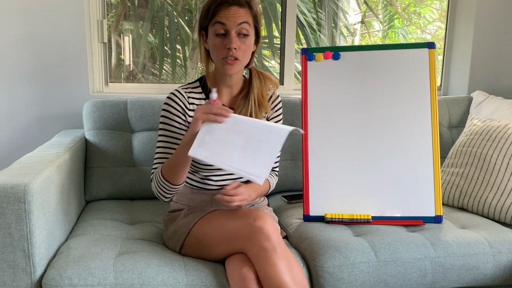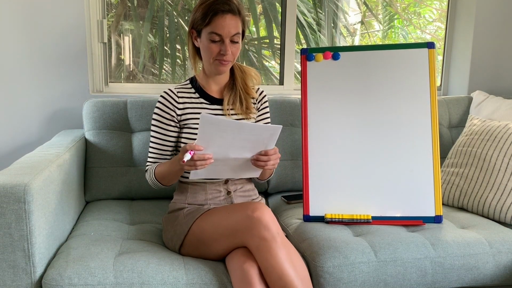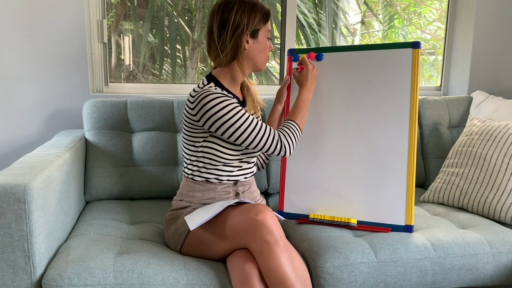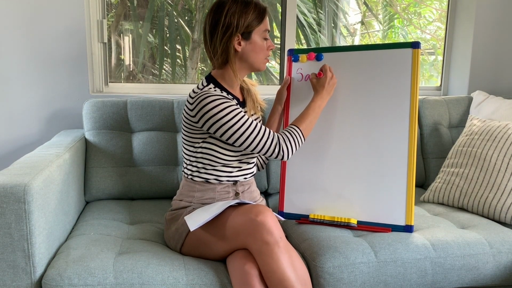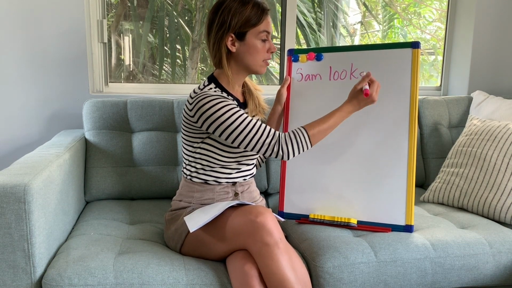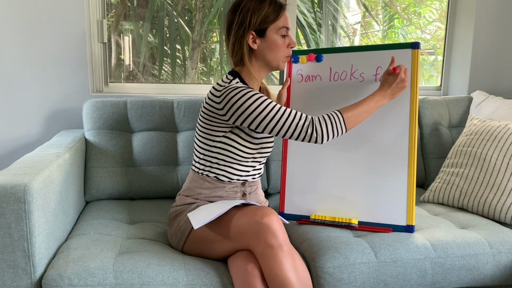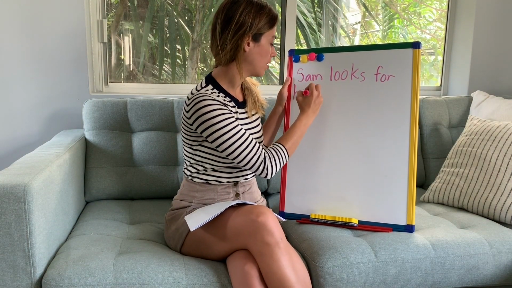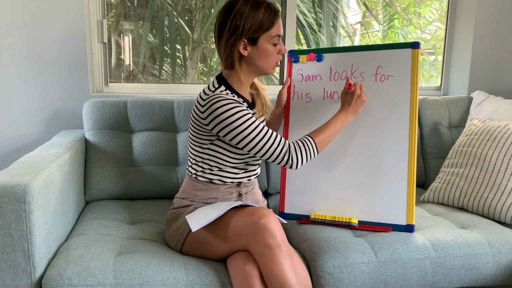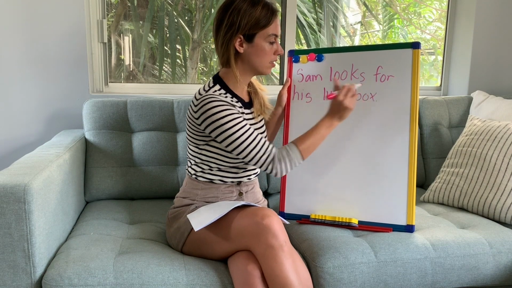Okay, so I'm going to write down a few sentences and you have to tell me the verb in each sentence, okay? Are we ready? Okay. Sam looks for his lunch box.